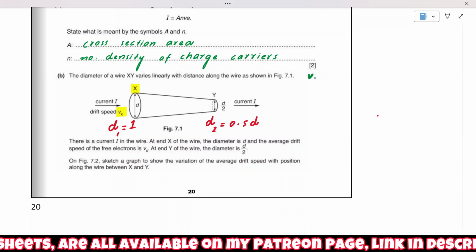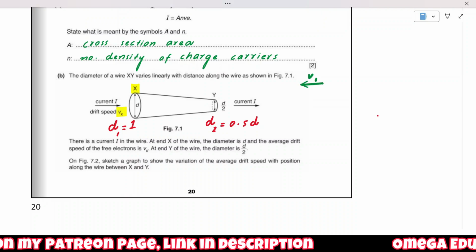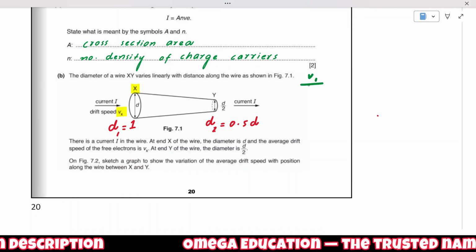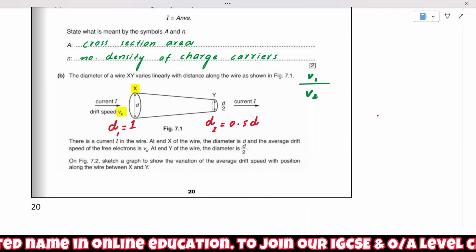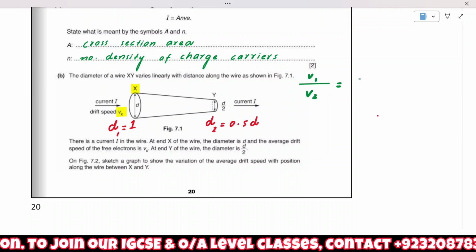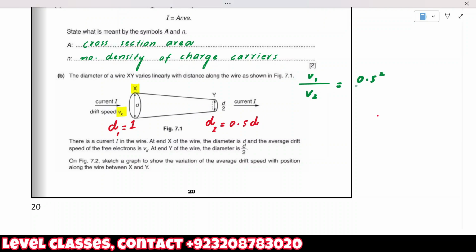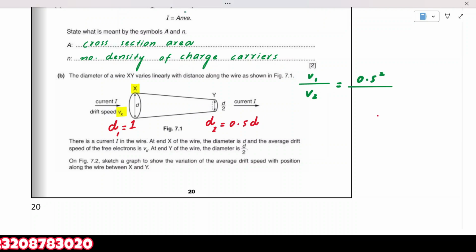So this is how you can find out V1 over V2 equals D2 square, which means 0.5 square, divided by D1 square, which means the square of 1. So what is V1? Vx. This one is given already. What is the second speed over here? We don't know.